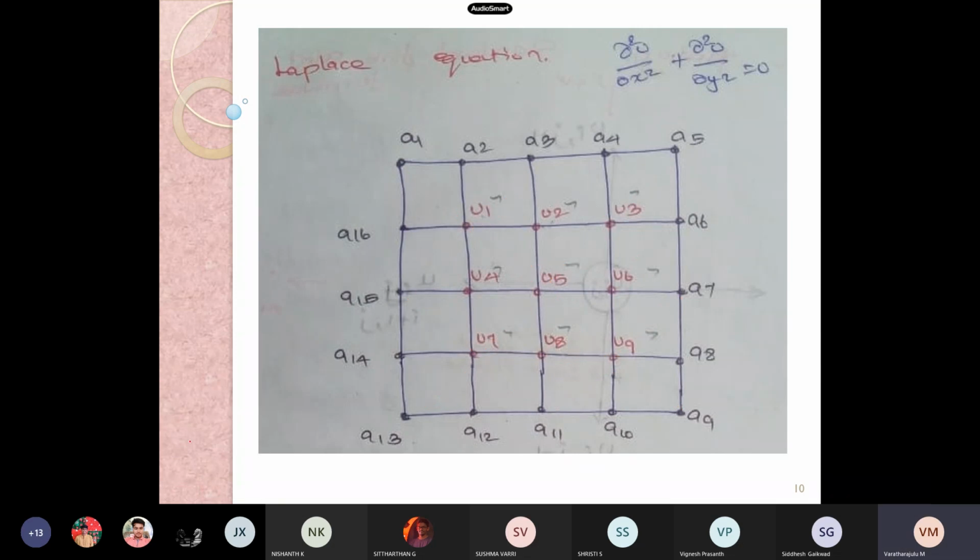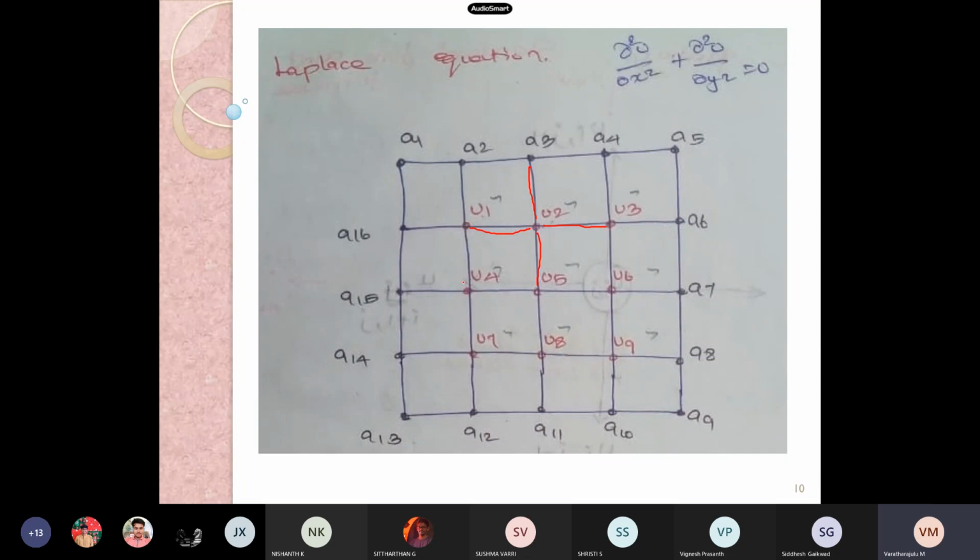Then we can calculate U2, U4, U6 and U8. Now there won't be any dependency on the diagonal 5-point formula, so we can apply the standard 5-point formula to calculate U2. We have calculated U1, A3 is given, U3 and U5 are also available, so with these 4 points we can calculate U2.